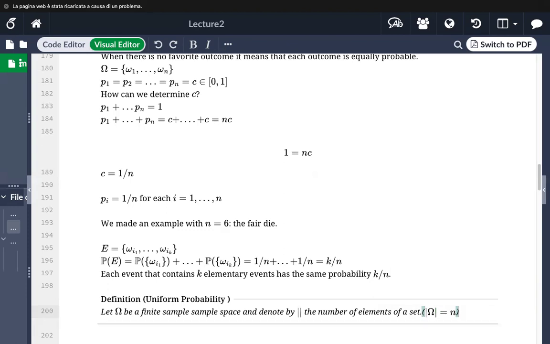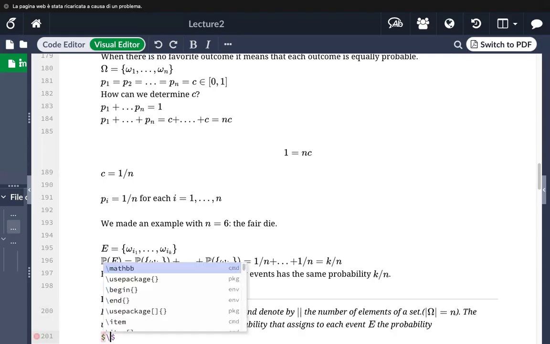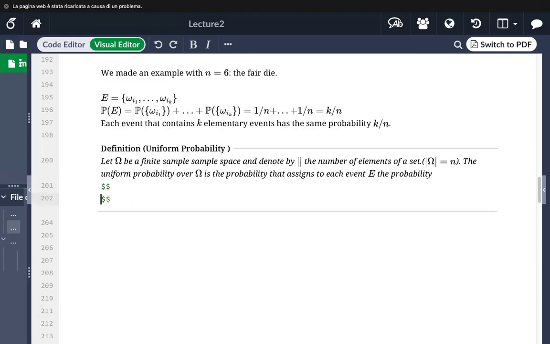So using this notation, the uniform probability can be written in a fancy way, which is the following: the uniform probability over omega is the probability measure that assigns to each event E the following probability. So what is the probability of E?